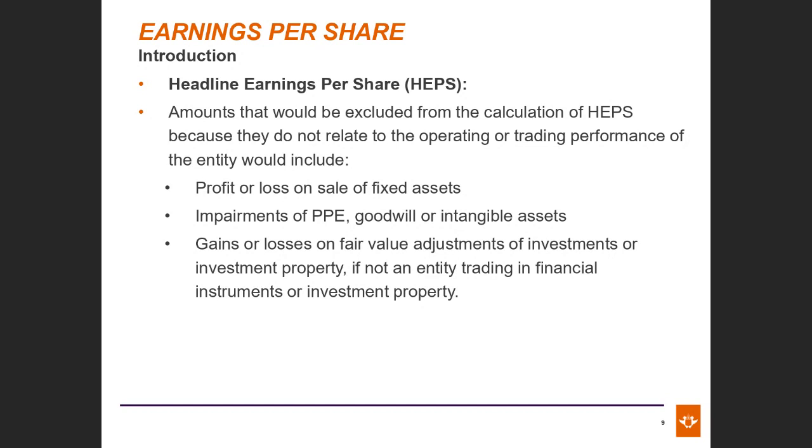So let me ask you, when we sell an asset, perhaps we are selling a machine that we use in our business. If there is a profit or loss on sale of this item, should this form part of your headline earnings per share calculation?